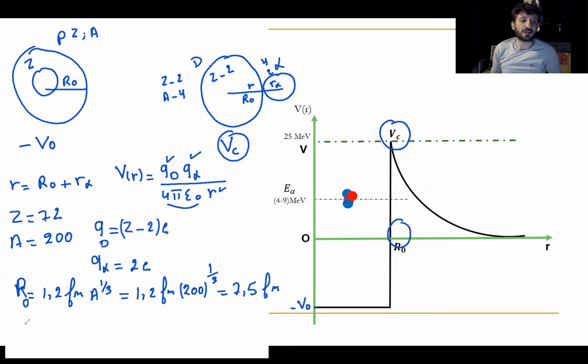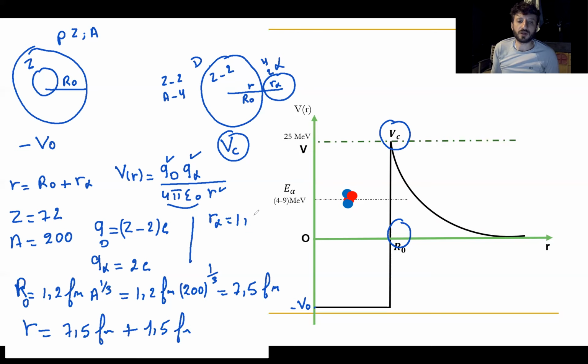To calculate the total R, it equals 7.5 femtometer plus R alpha, which is about 1.5 femtometer. We can say here R alpha equals 1.5 femtometer.